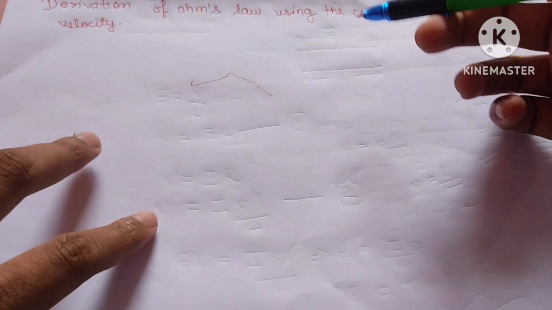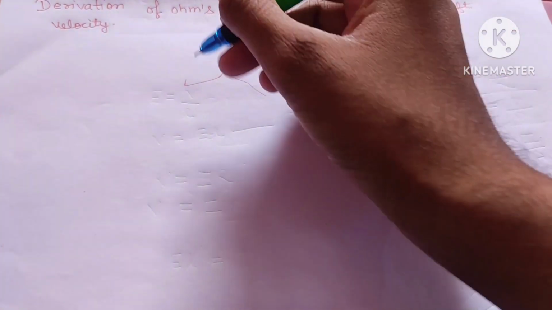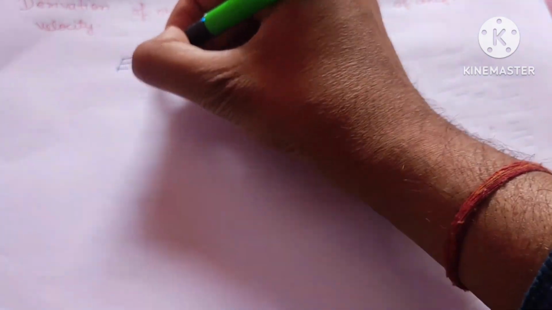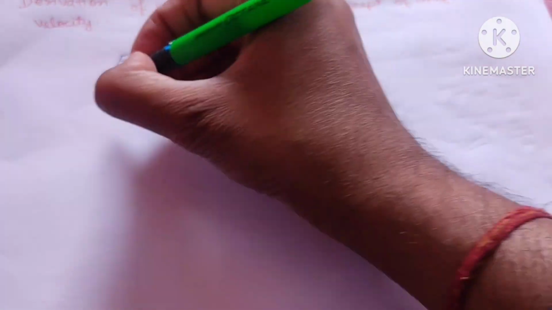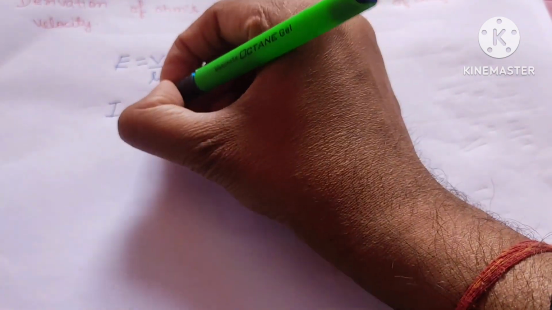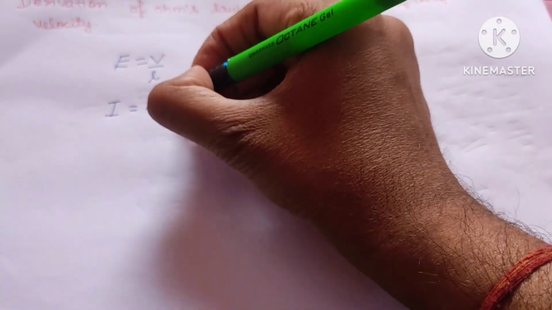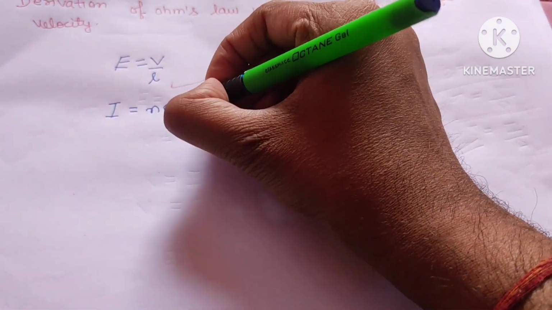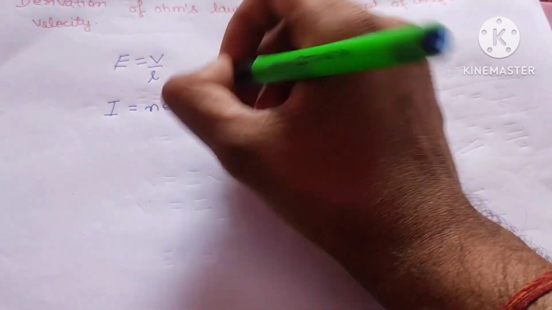Hello friends, we will derive Ohm's law using the concept of drift velocity. So we know the electric field E equals V by L. And what is the relation between current and drift velocity? This is from the relationship between the current and drift velocity, this is the formula.